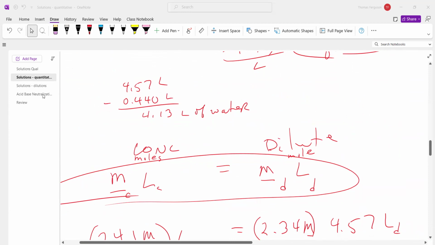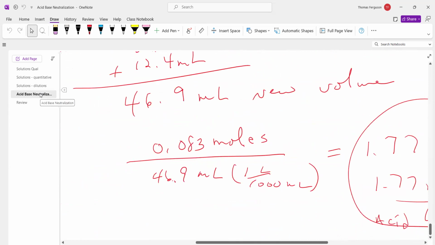Now, acids and bases are also solution problems. So they're moles per liter problems.